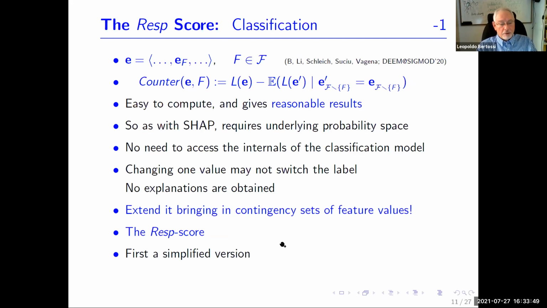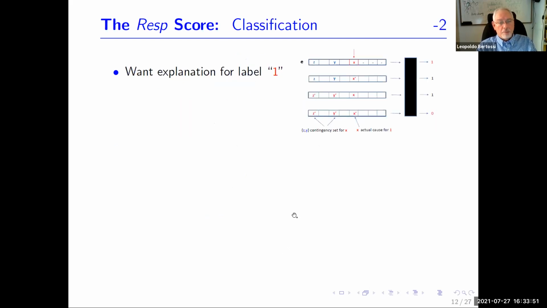The idea is basically very simple. We have, as I said before, a value X for this feature. We get the label 1, and we want to change the label to 0. Then we change X to X prime. It's still 1. It doesn't change. Then we leave the same value here, and we start changing other values, and we still get 1.